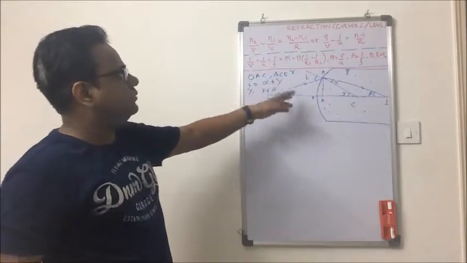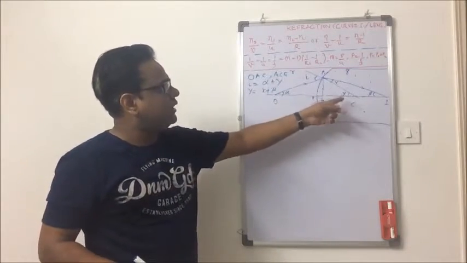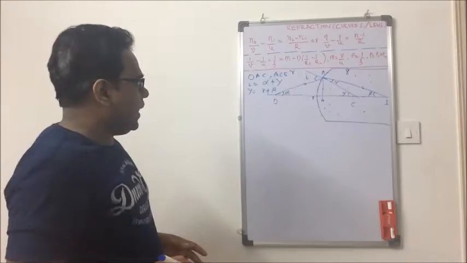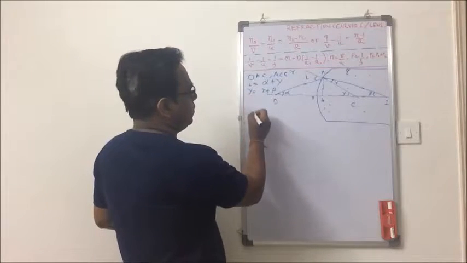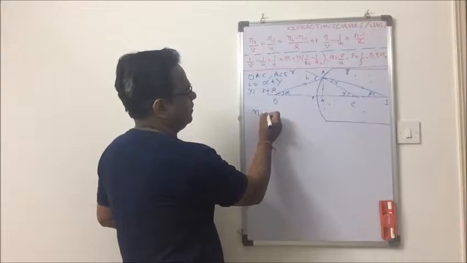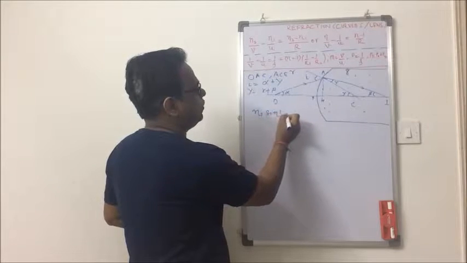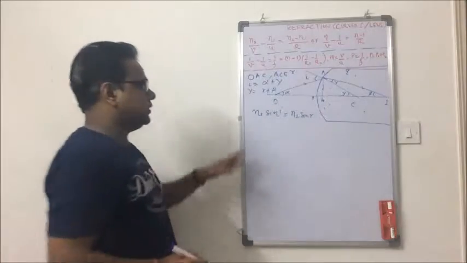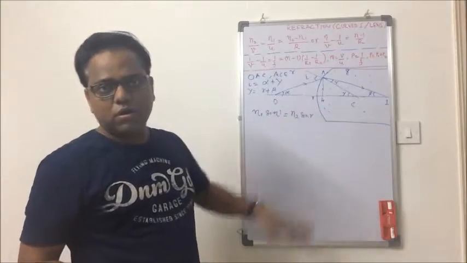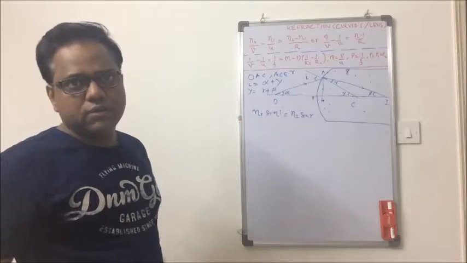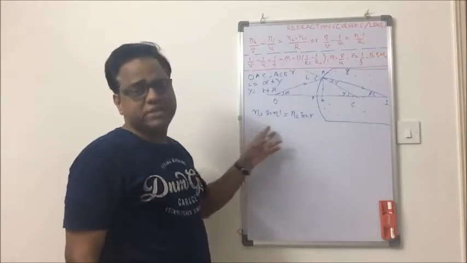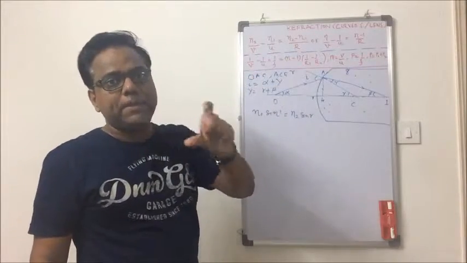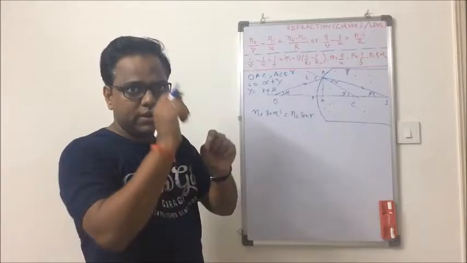We wrote I equal to alpha plus gamma and gamma equal to R plus beta. And now we know that N1 sin I would be equal to N2 sin R. That is nothing but Snell's law, or we studied the law of refraction through a plane surface. So at this point, this would act like a plane surface, because this would be a normal at that particular point.